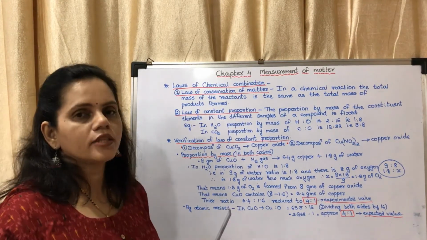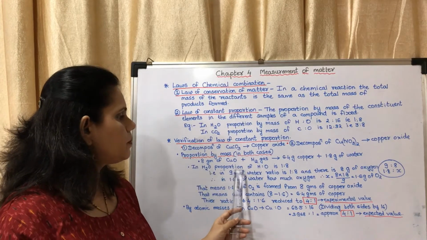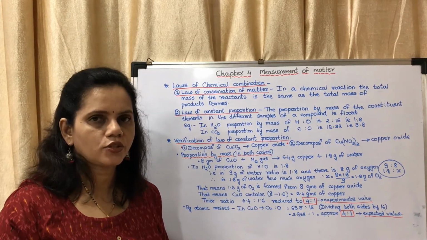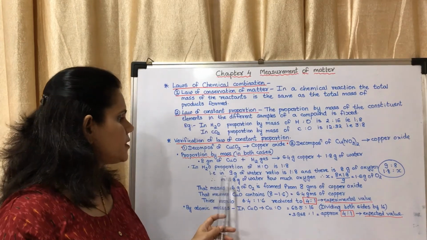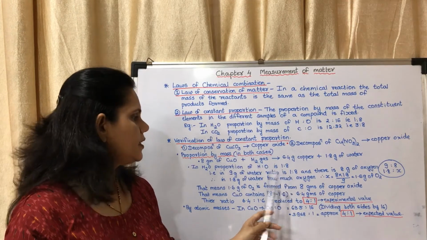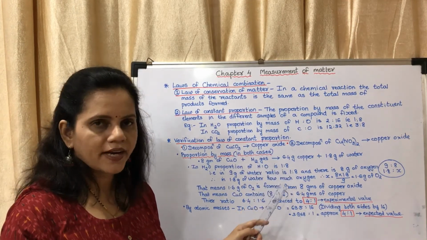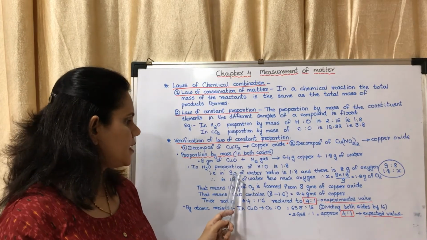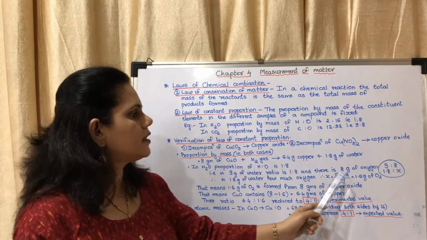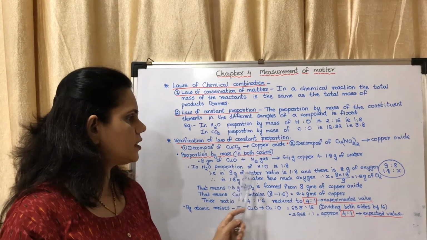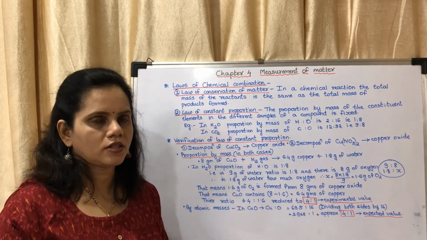Now we know that in water the proportion by mass of hydrogen to oxygen is 1:8. That means in 9 grams of water the ratio is 1:8, that is 1 gram of hydrogen and 8 gram of oxygen. That means in 9 gram of water there is 8 gram of oxygen.